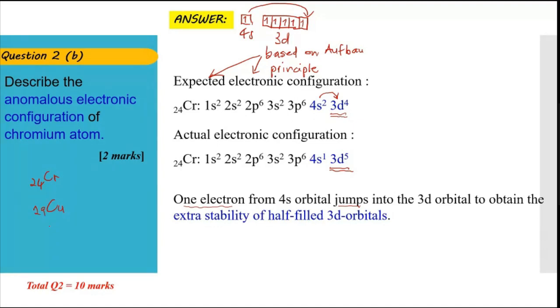Copper is the same thing: a 4s electron jumps into 3d, so 3d9 becomes 3d10, fully filled. This is very important to highlight, half-filled is extra stable. The marks are 2 only: I think the electronic configuration, 1 mark, and the explanation, 1 mark.